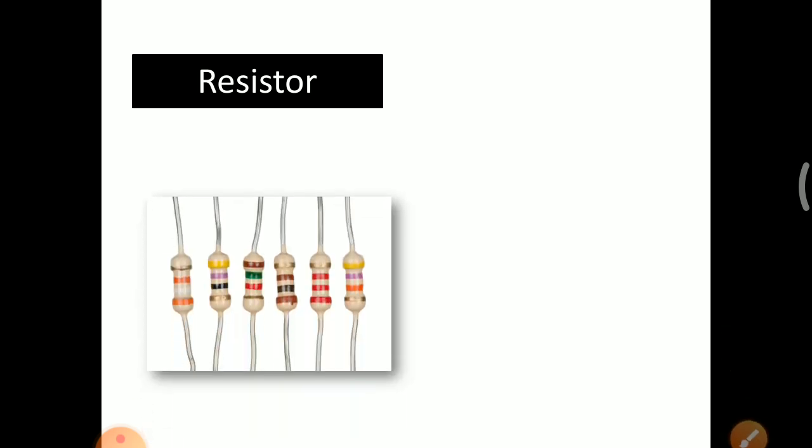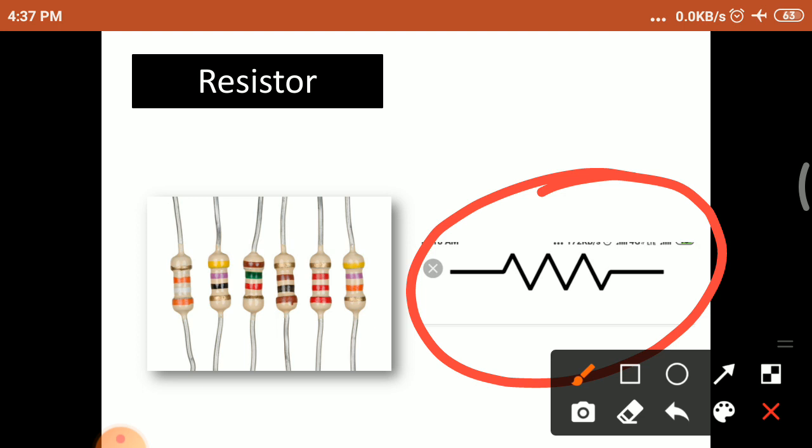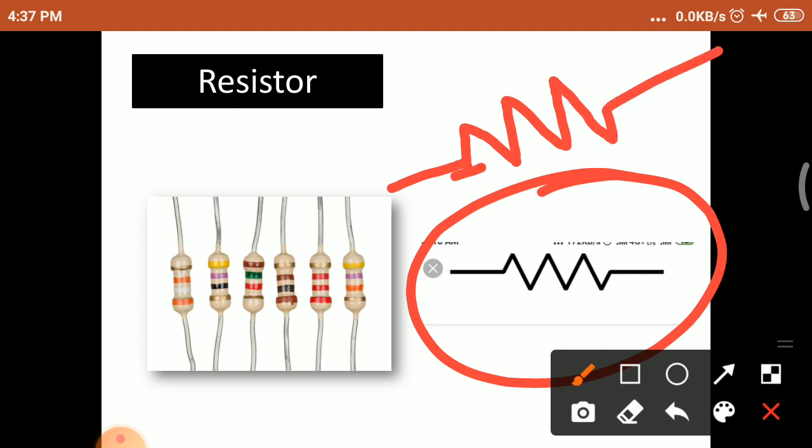And this is the resistor. The resistor is represented by this symbol. Like that you have to draw a first straight line. Then see here, this line and this line should be straight.